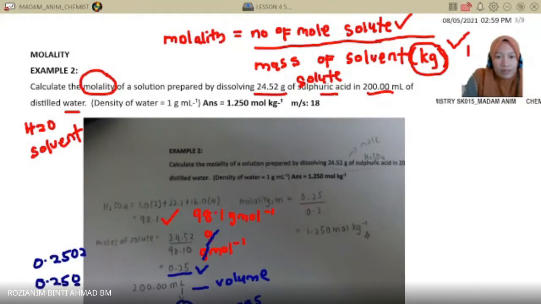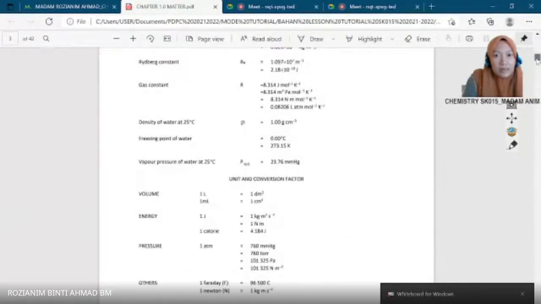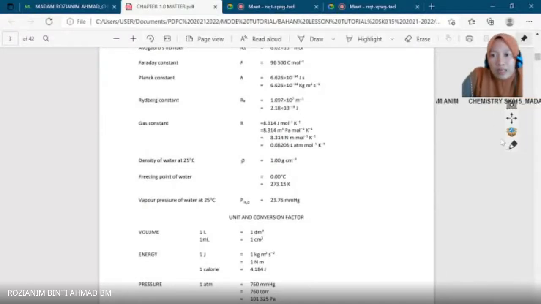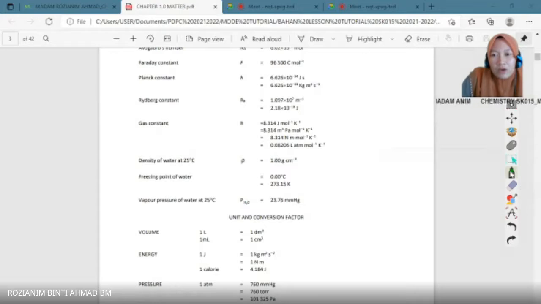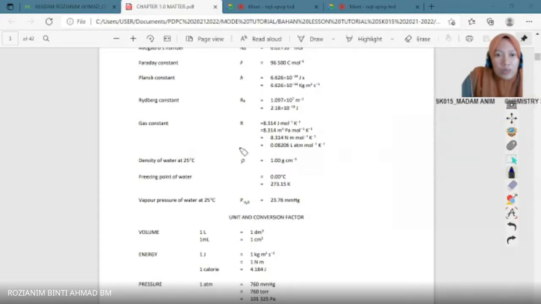Basically, the constant values are already given during the exam. The page given is like this. So what should you do? How do you convert ml, a unit of volume, to mass? We must use the concept of density. This is the density of water at room temperature, and the value is 1.00 gram per cm cube. What does it mean?